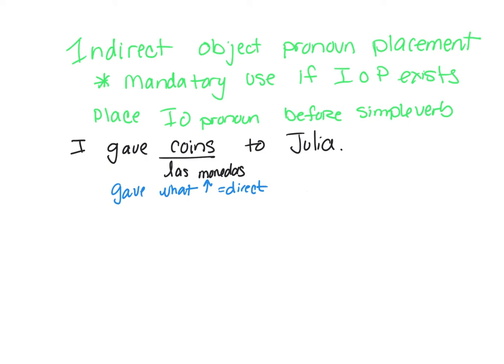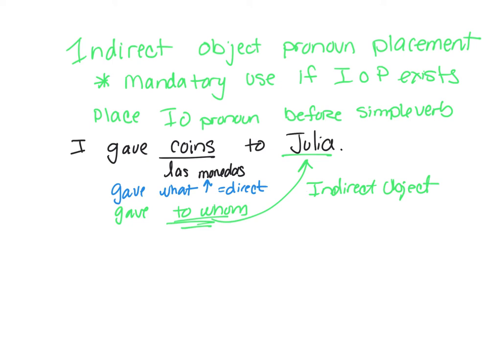Okay, and then gave to whom? To whom is going to be Julia. So that means Julia is my indirect object. We're talking about her, and she's just one female. So if I were going to use a pronoun for her, I would check le. Okay. So this is what my sentence has to look like. It would look like this. Yo. Okay, and then gave is the. And then I'm going to take Julia's pronoun.